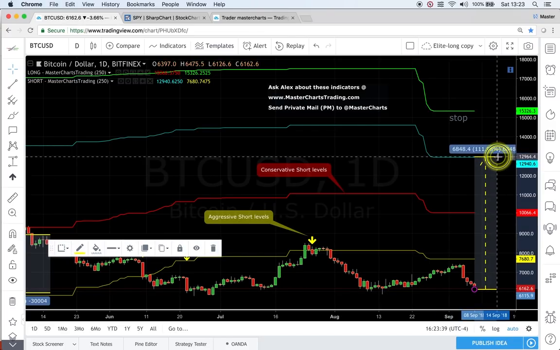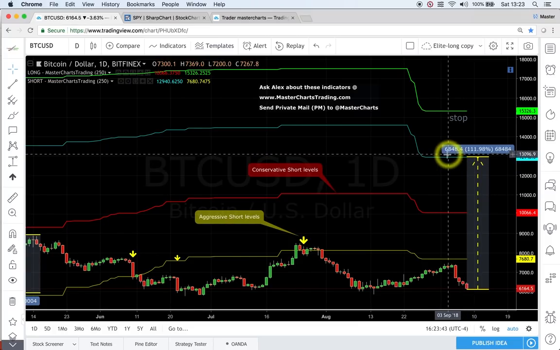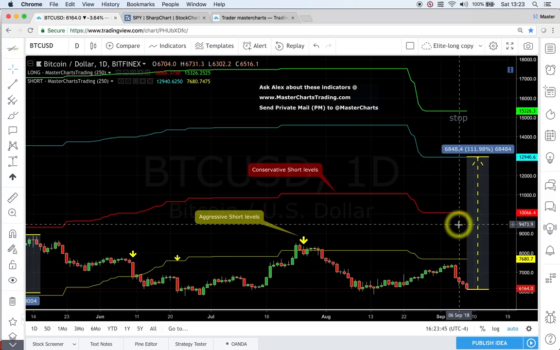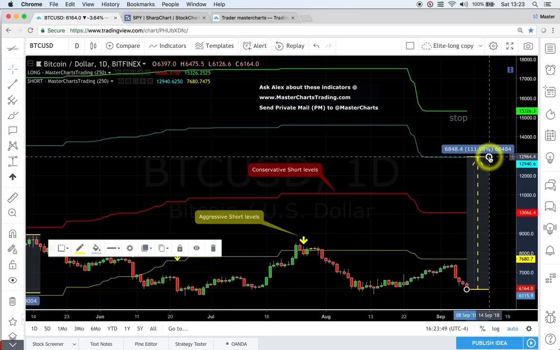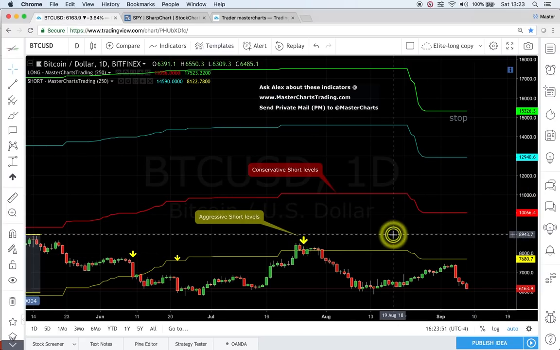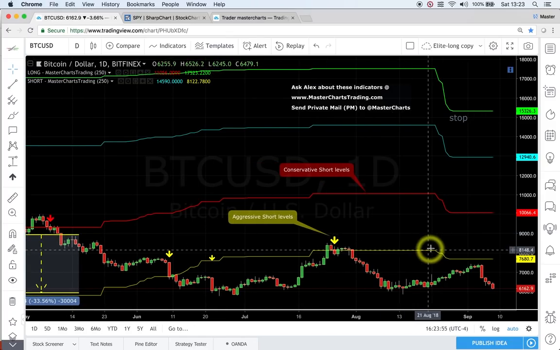We need to move over 100%, almost $7,000 for me to become bullish on this security. This is just a total disaster of a chart.